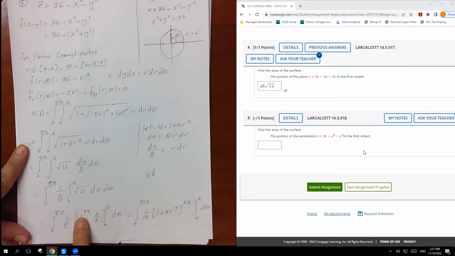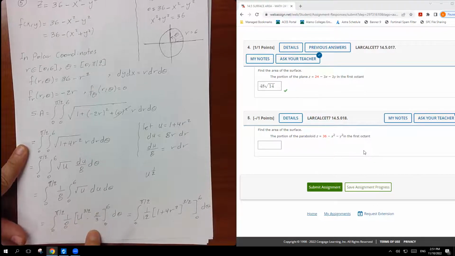Add 1, so it's 3 over 2, and we flip it to 2 over 3. Take 2 over 3 out, so it's going to be 1 over 12. Bring back the u, so 1 plus 4r squared to the power 3 over 2, from 0 to 6.